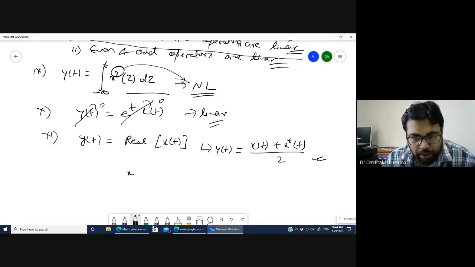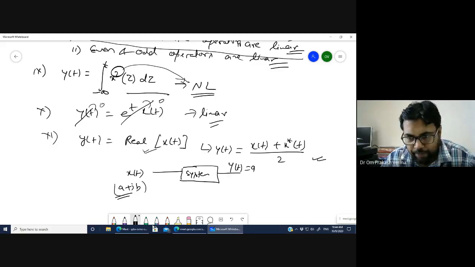How? Let's see here. First, let's say you are providing x(t) to the system. Let's say x(t) is equal to a plus jb, a complex number. The system will take only the real part of the value, so it will provide nothing but a.